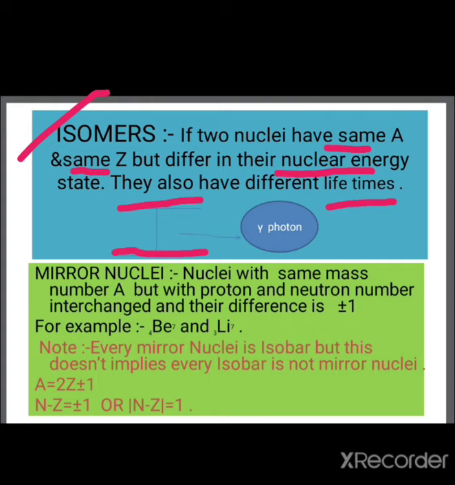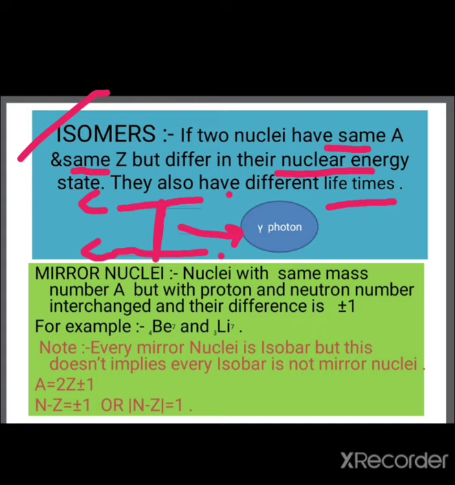Here also it is the same carbon. So these two have the same A and the same Z but differ in their nuclear energy state, this being the ground level energy and this the excited level energy. So it will emit a photon here. These are known as isomers.